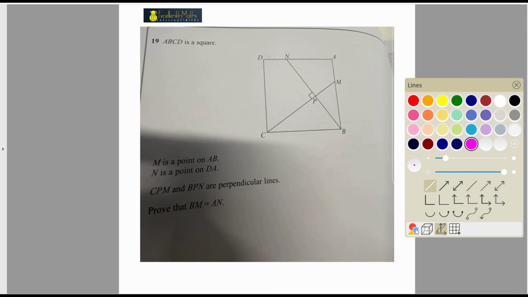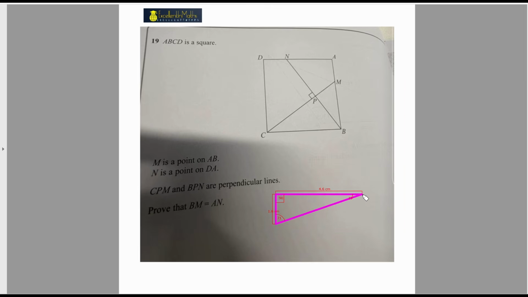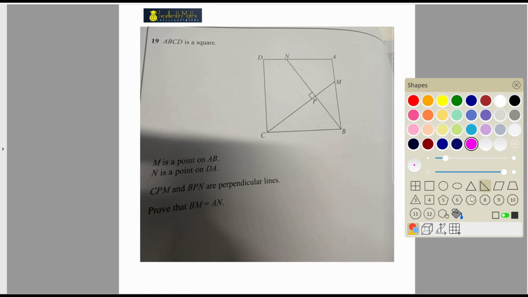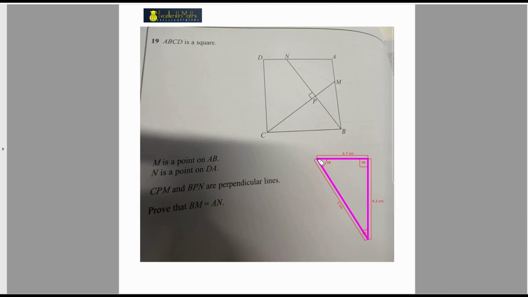The triangles I mean here are CMB, sorry, and ANB. So let us draw them here. So that's NAB.